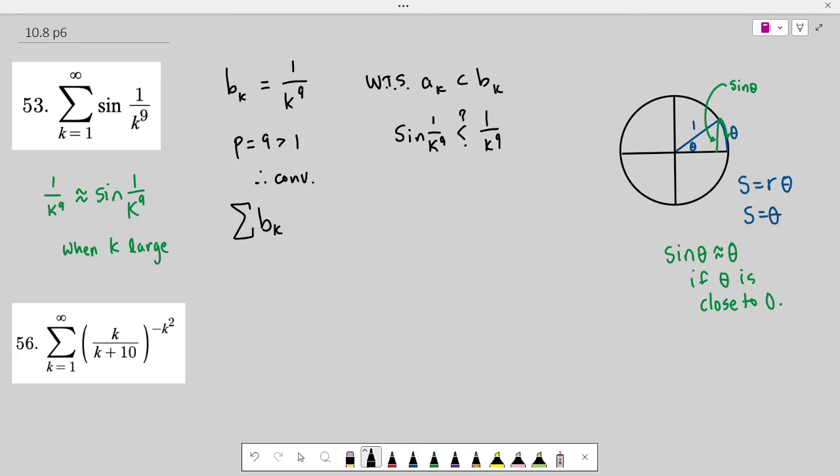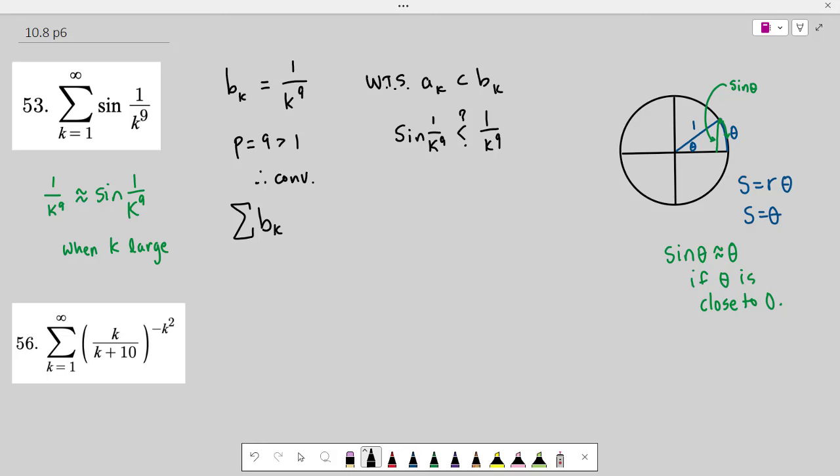And this is one of those ones where you have to understand the geometry. When you look at this, you can see that sine of theta is smaller than theta from this picture. Sine of theta is vertical, theta is arced, so it's a little longer.